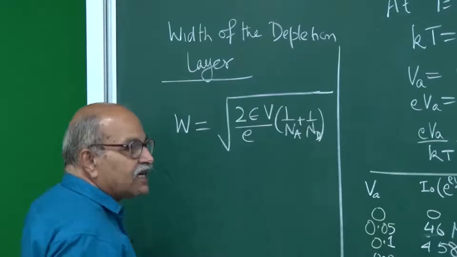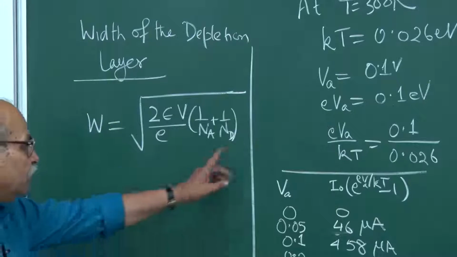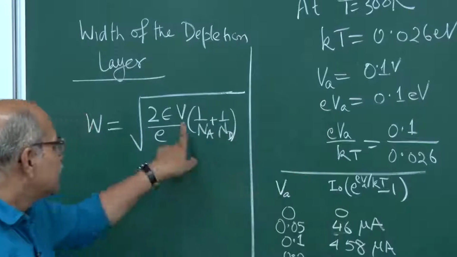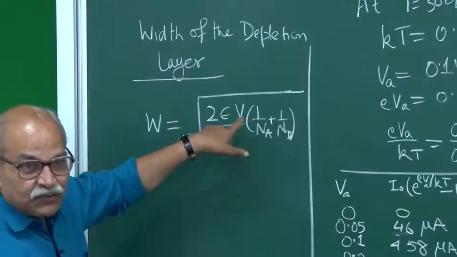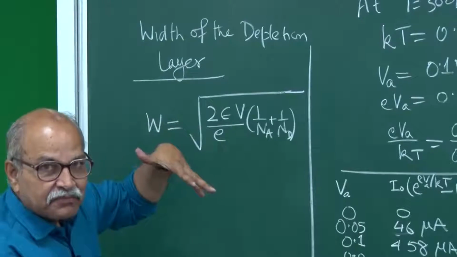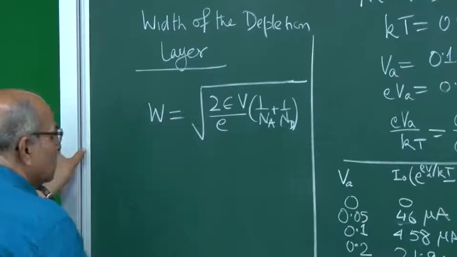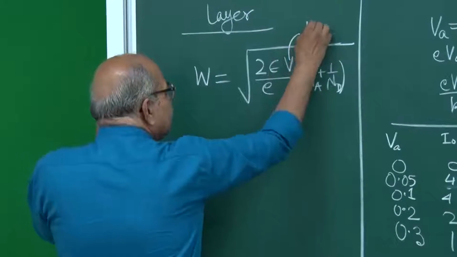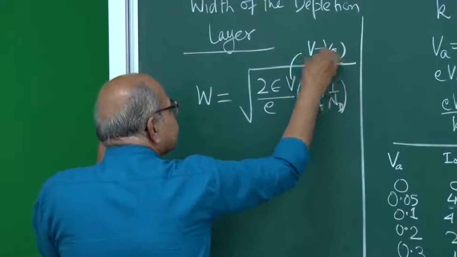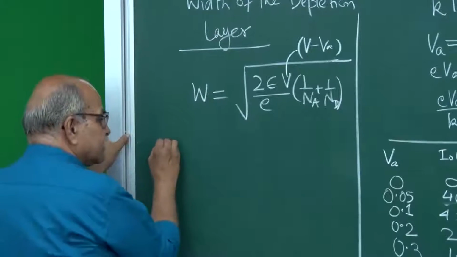We had derived that. So, when you apply this forward bias, this V decreases. Remember what this V is? This was that potential barrier. So, now this V becomes V minus VA. The barrier height is decreased.